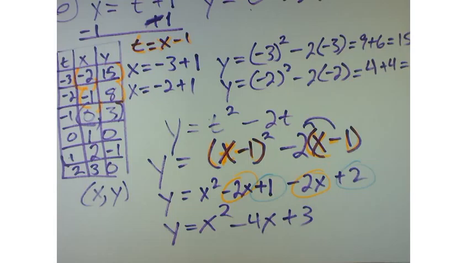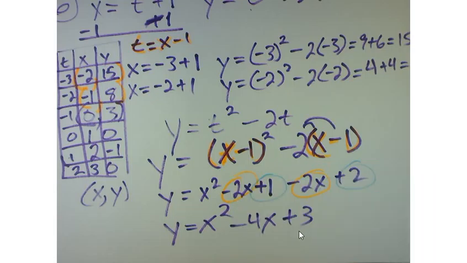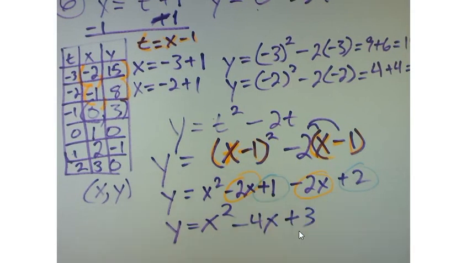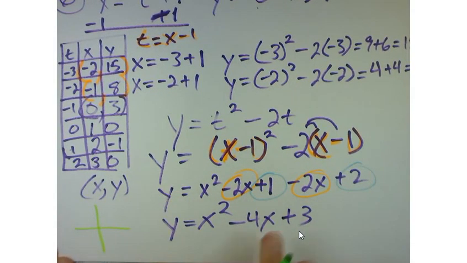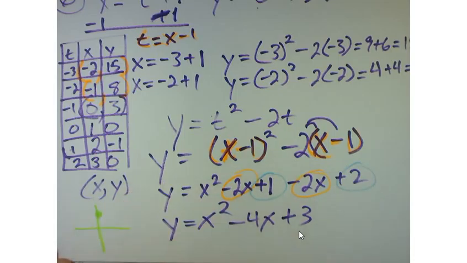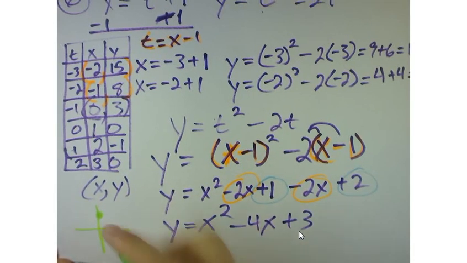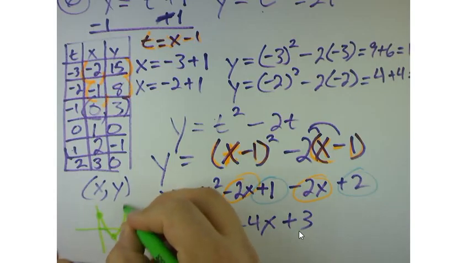One way I could double check though, well, first let's look at this. What is the y-intercept? Do you guys know what the y-intercept of this thing is? So this is a parabola. If I had to guess, this is a parabola that has a y-intercept at positive 3. Now because this is a negative 4, then it gets shifted on a parabolic path 4 units to the right. So it should sort of look like this.